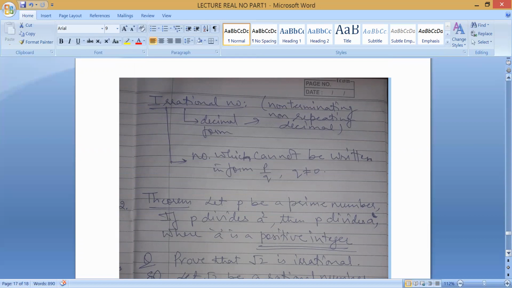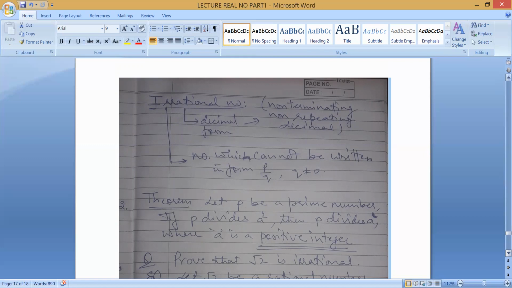You can say it is a number which is not rational. So rational and irrational numbers are opposite to each other. An irrational number cannot be equal to a rational number. These are two different numbers.